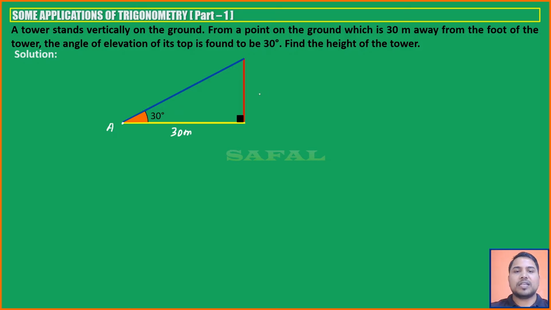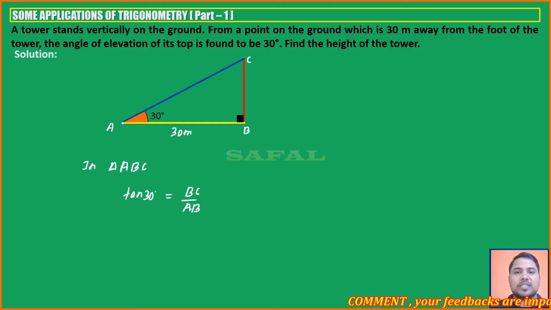Now what they are asking us here is the height of the tower. So let me call this point B and this point C. So BC is actually the tower for us. So we can see that in triangle ABC, I can write tan 30 degrees equals what? Opposite by adjacent. So that means BC by AB. Correct.